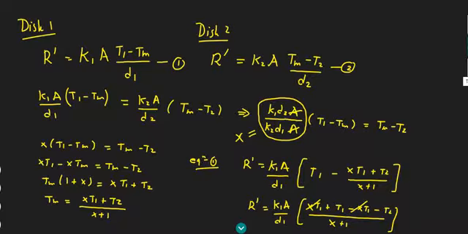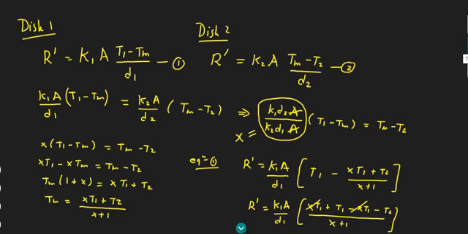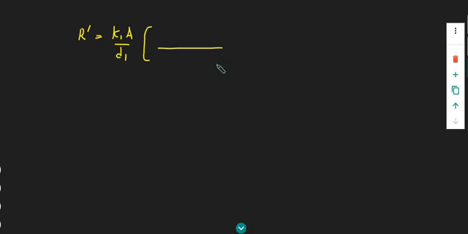So then I'll have the rate of heat flow as r prime. This is using equation 1. K1 A divided by D1, and within the square brackets I have x plus 1 in the denominator, and in the numerator I have T1 minus T2.